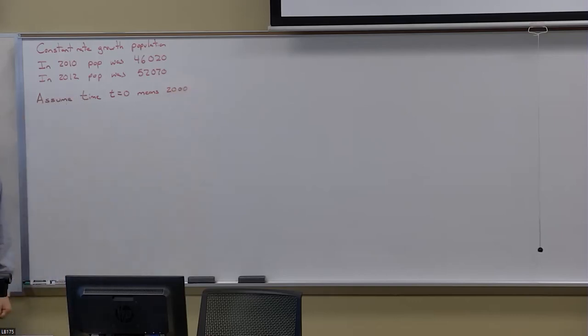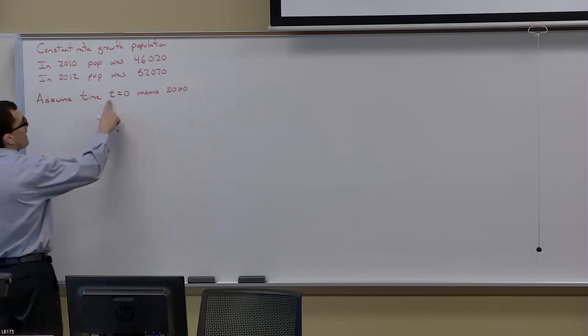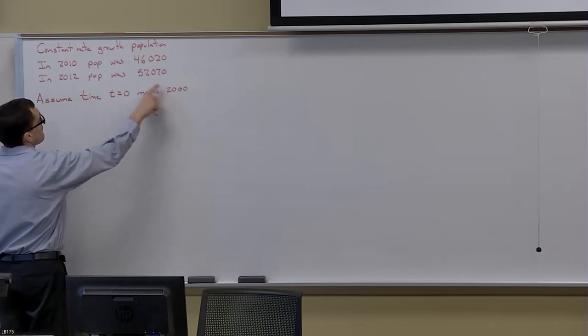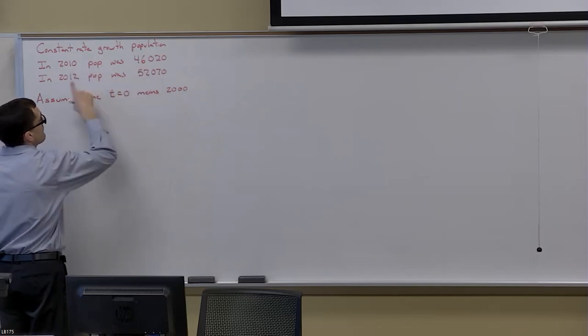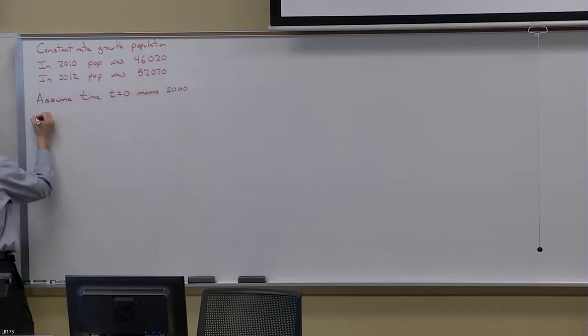Is that okay? If time 0 means 2000, then what we have here is essentially 2 points.